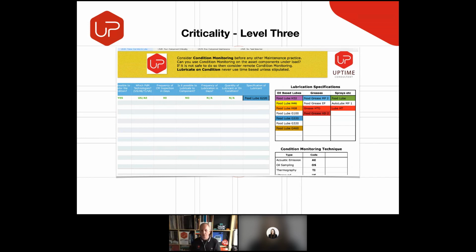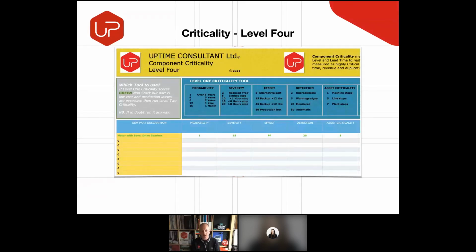Into level 4. Now this is the criticality for the actual components. So when we talked about the bearings and the chains and the gearboxes and the motors and the seals and all those things that we might consider putting into this component list, we have to be careful that we don't put everything into this component list.